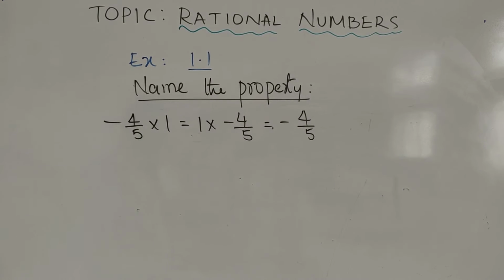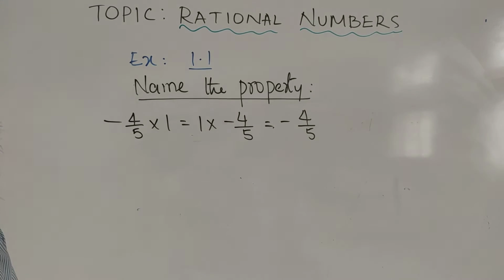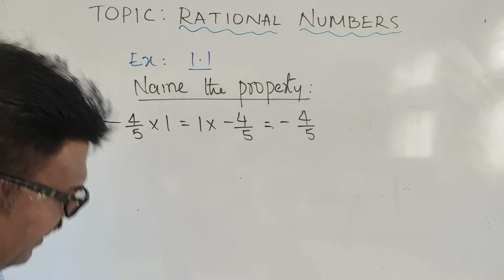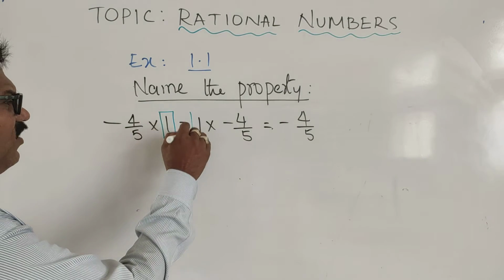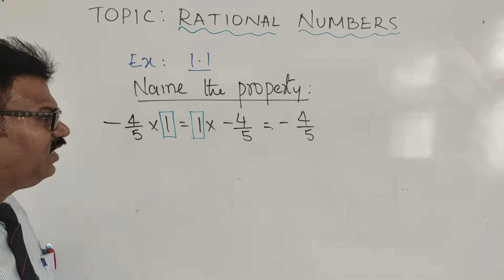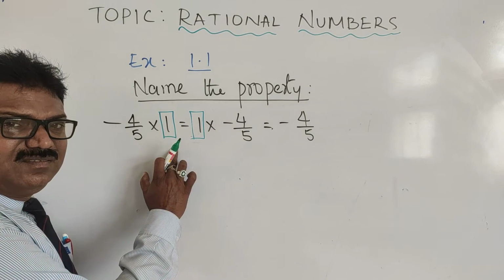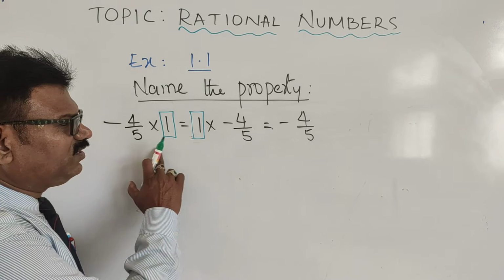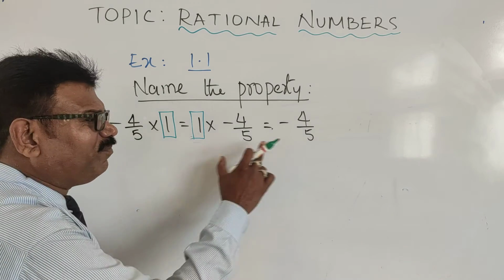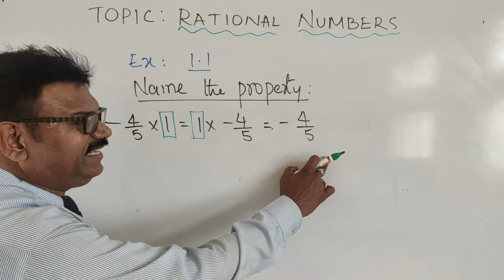If you see, what will you understand? Here 1 is there, and here 1 is there. What is that 1? Yes, identity element. Therefore, this is which property? Multiplicative identity.